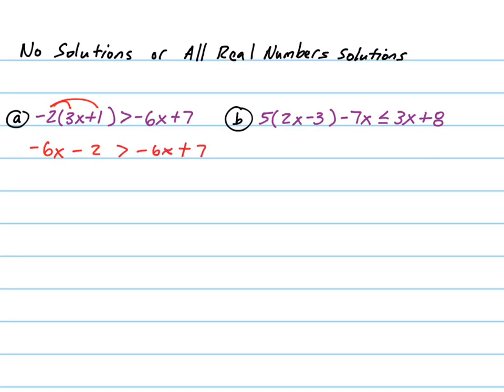We're going to get our variables to one side, so we'll add 6x. I've got negative 2, because these cancel, is greater than 7. Negative 2 is never greater than 7, so this is false, and so this is no solution.